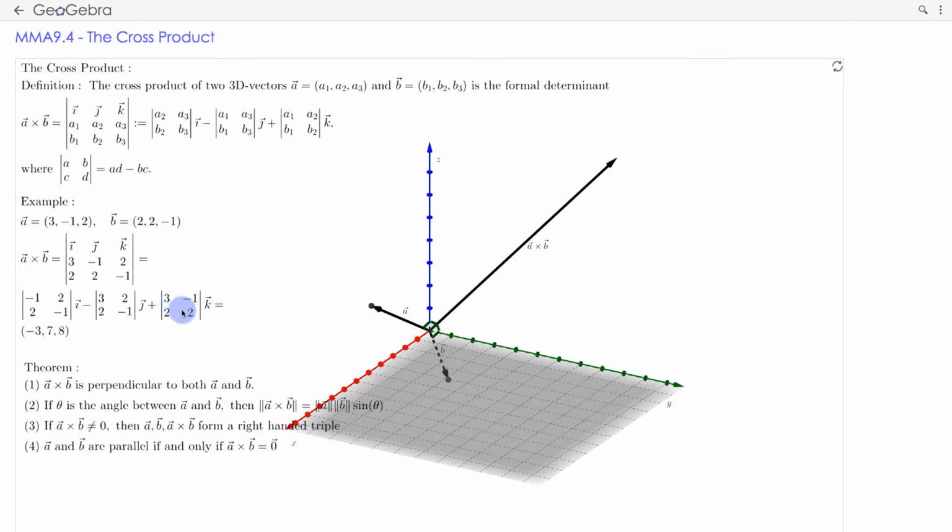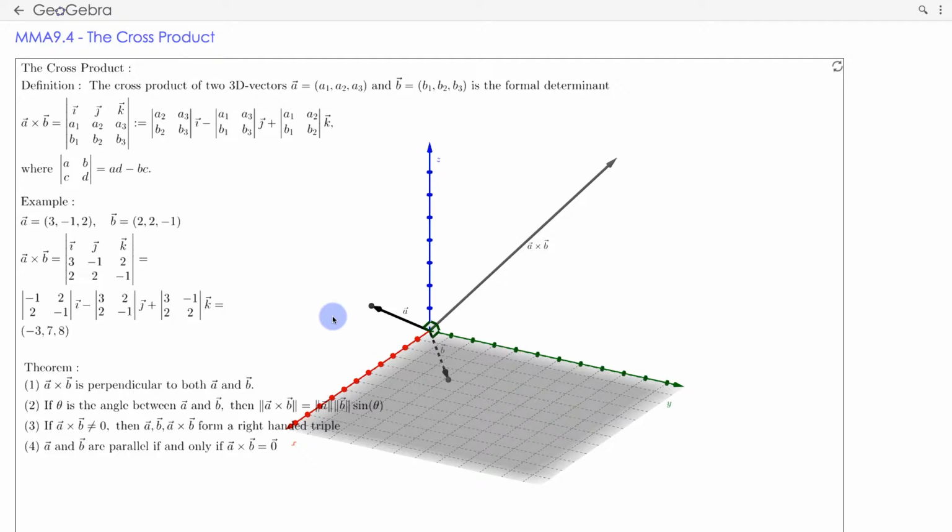And lastly, we have 3 times 2, that's 6, minus minus 2 times 2, that's plus 2, so 6 plus 2 is 8, times the k, so we get an 8 at the third component.